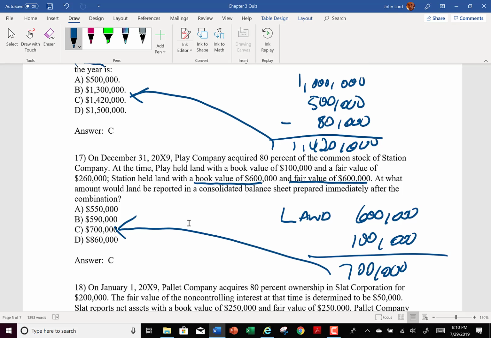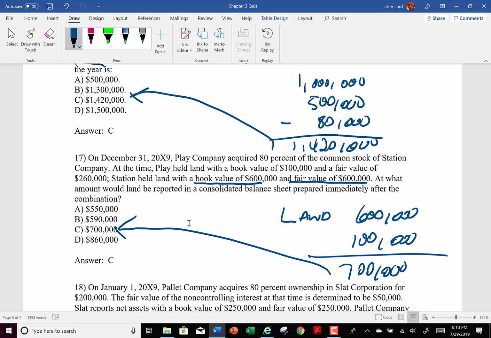No, we have to pick up the fair one. We'd pick up the fair value because the parent is the one that's buying, right? So nothing changes on the parent's books. We still carry fixed assets like land and buildings at historical cost, right? But the parent is acquiring what? Supposedly in an arm's length transaction, acquiring something new.